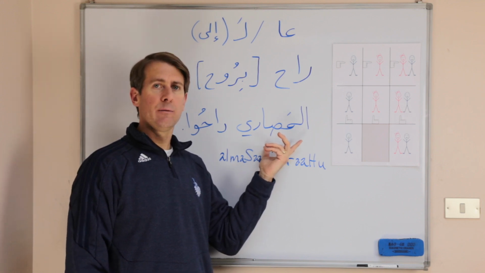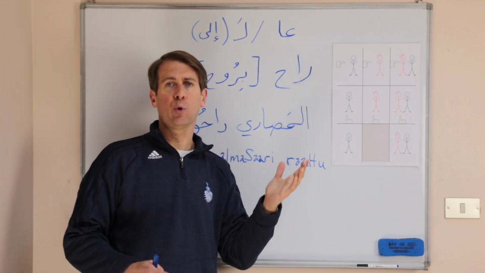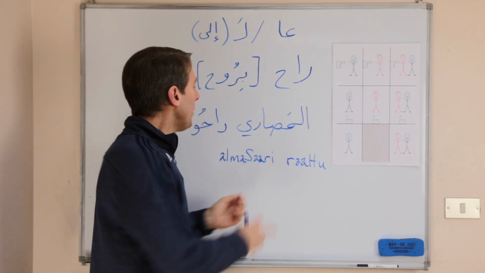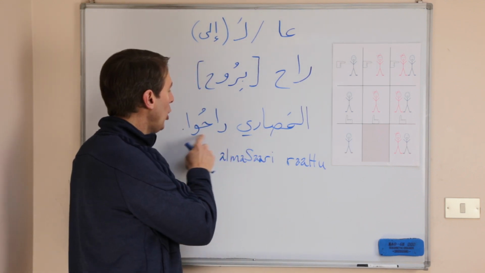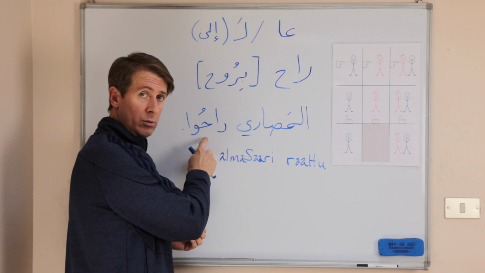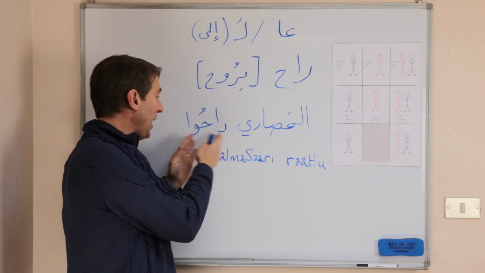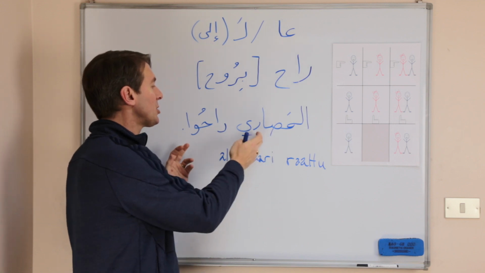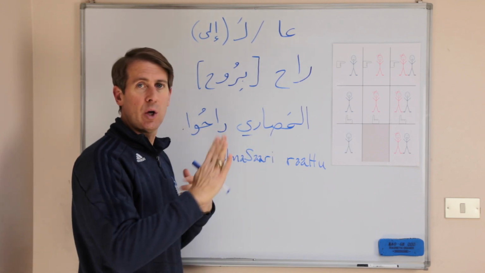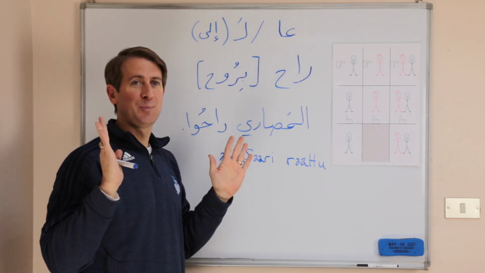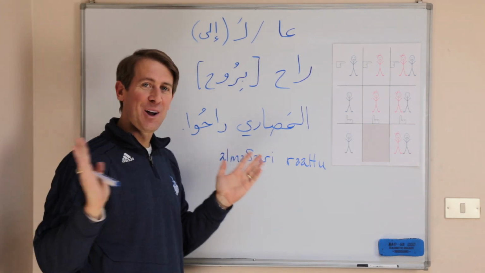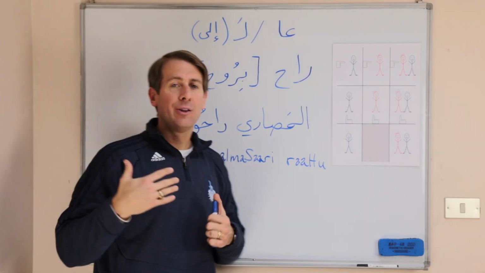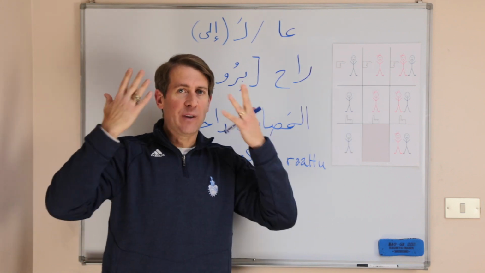So that's why we say, literally, it's they went. Okay, talking about the money. It went, but it's plural. المصاري راحوا. It's gone. No more money. All spent. المصاري راحوا.